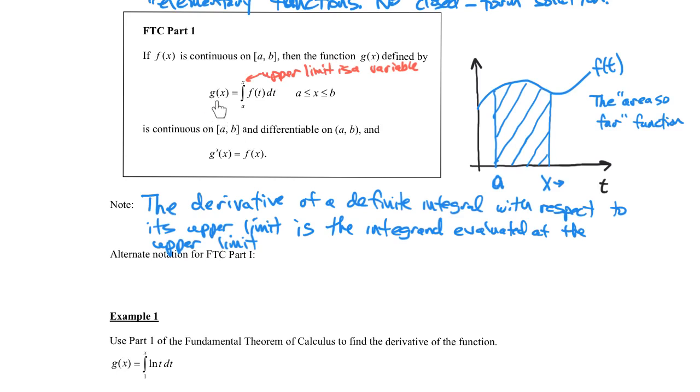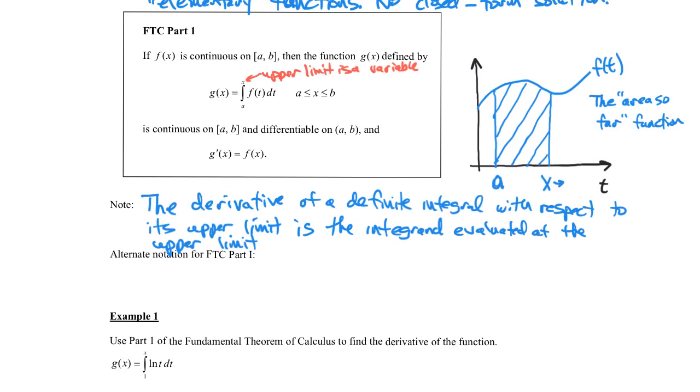If we take the derivative of g of x, which is a definite integral, with respect to its upper limit, with respect to x, we're going to get the integrand evaluated at the upper limit. So you take the derivative of this thing and you just get f of x. So g prime of x is f of x.